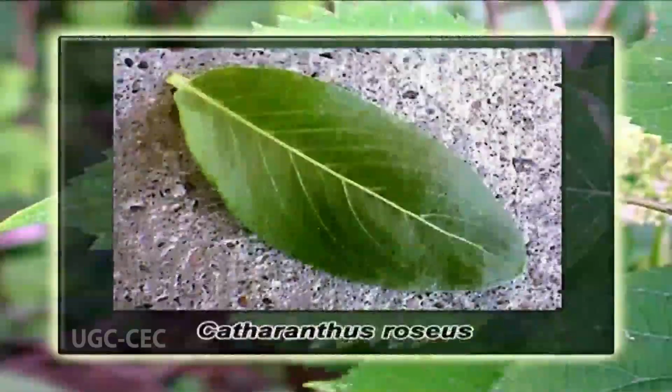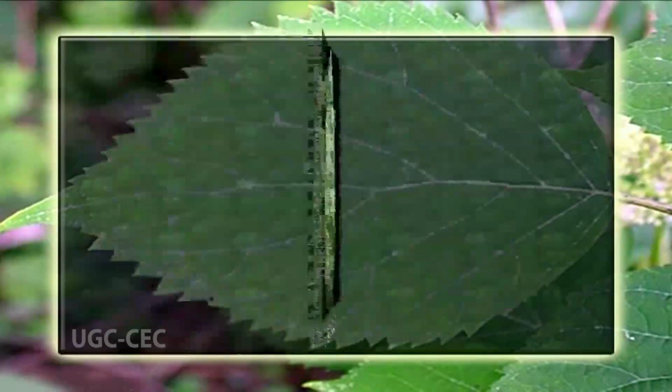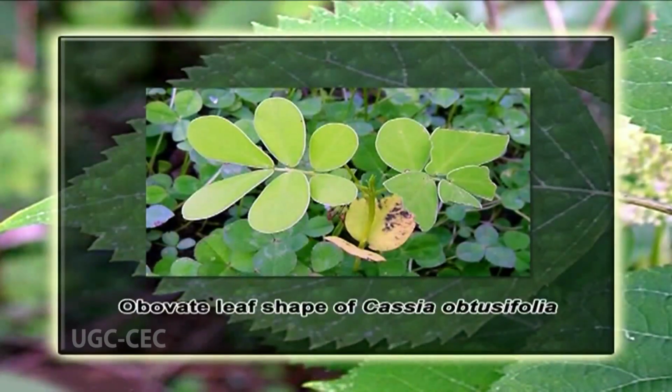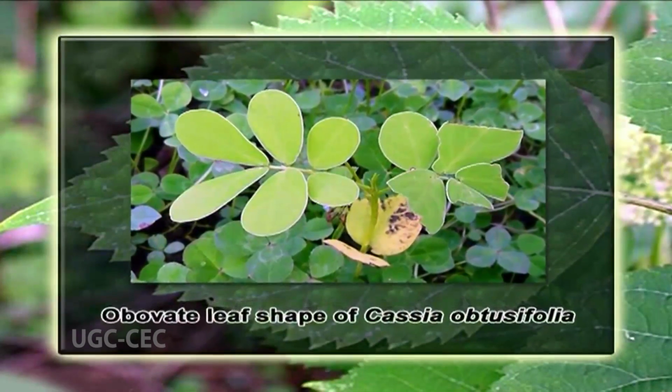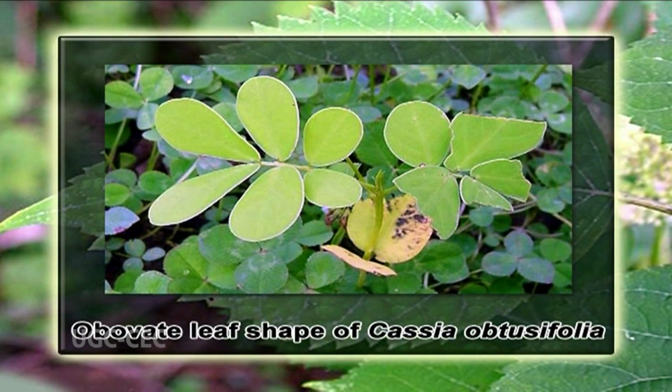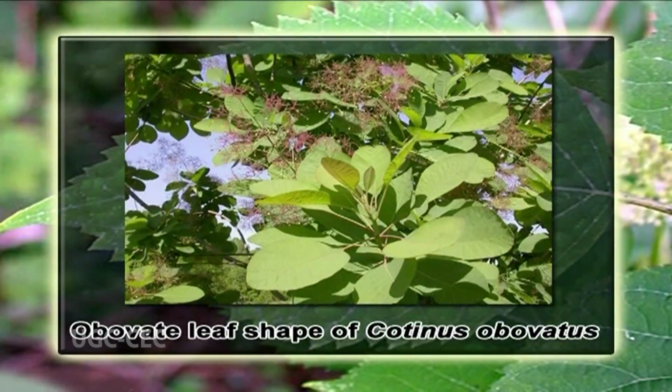For example, Catharanthus roseus, banana. Obovate, reverse of ovate, the apical half broader than the basal. For example, Acacia obtusifolia leaflet, Cotinus obovatus.